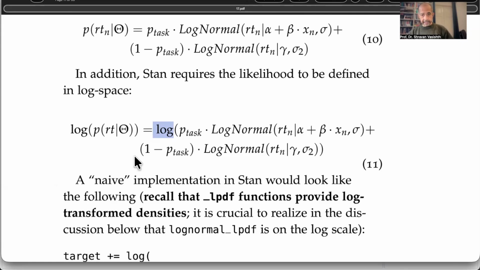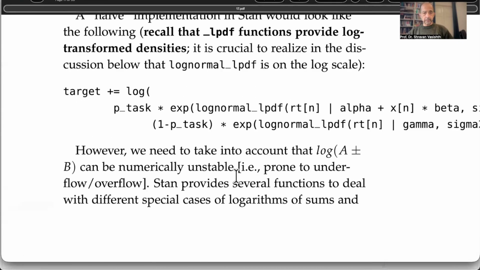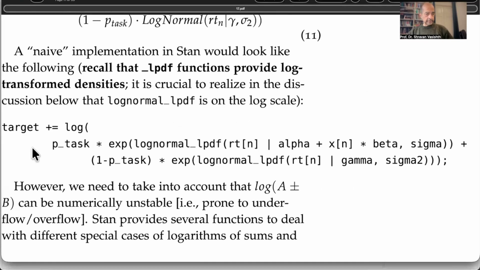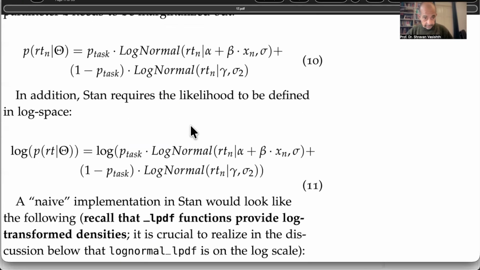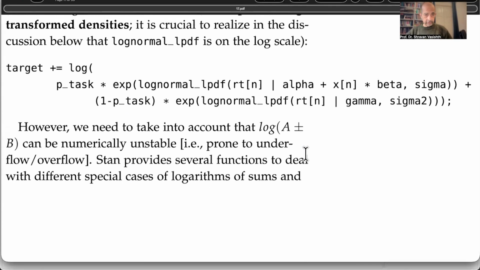So we're literally writing out this statement now in Stan. What we are doing is we write the probability here multiplied by the exponent of the log normal log PDF. The exponent is there because we were working in log space, and what we want in this equation is not the log normal in the log space. So we take the exponent of that. Okay, that's why the exponent is there.